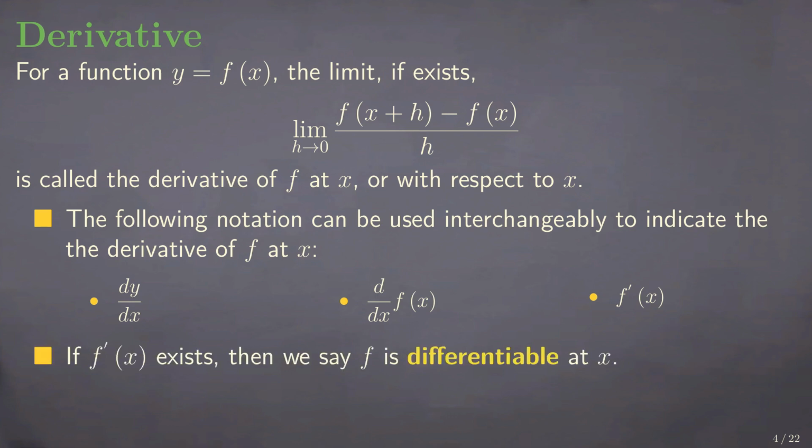If the derivative of f exists, then we also say that f is differentiable at x, and we call it f prime. We see that f prime actually looks like a function of x, right? So we call f prime the derived function. And since we can consider f prime as a function, we might also need to evaluate f prime.